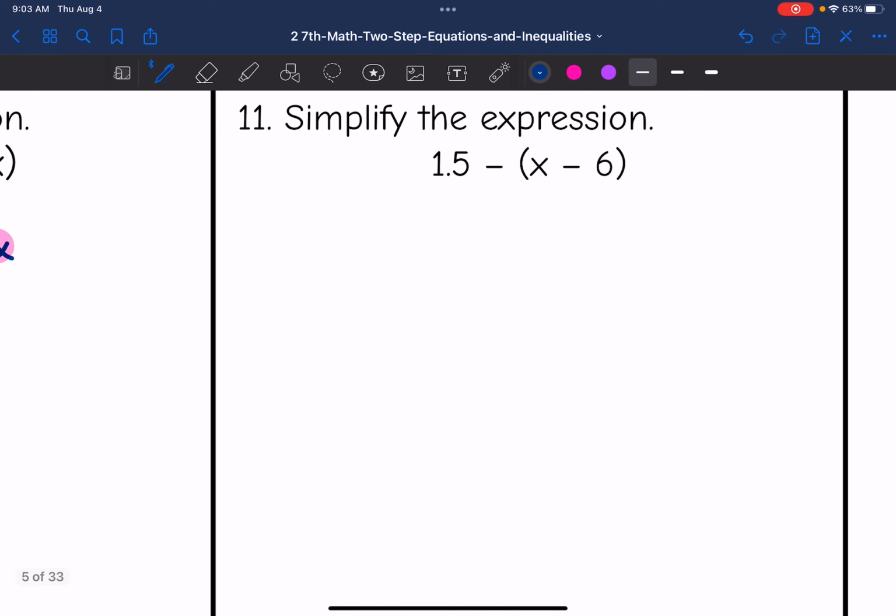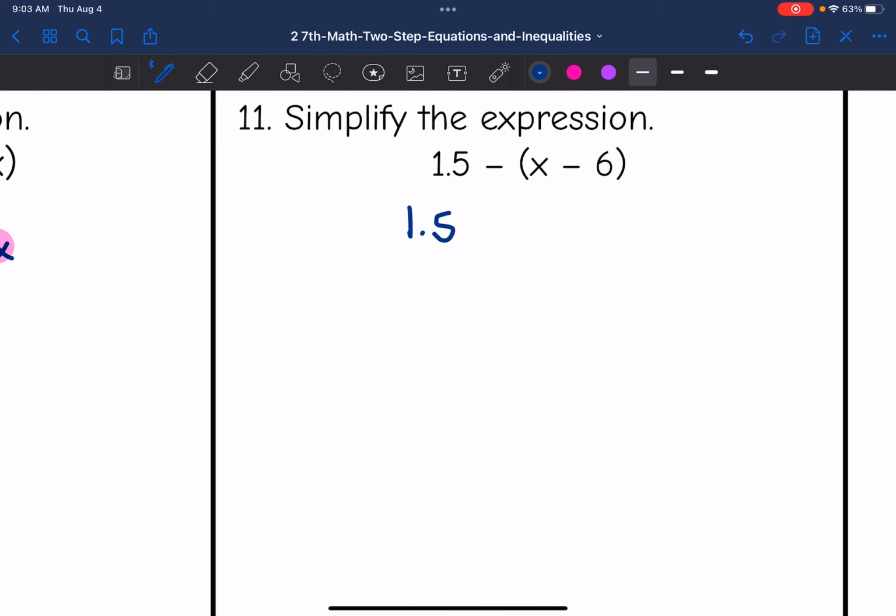Okay, let's look at number 11. So this 1.5, I know it's the only number that we see in front of the parentheses, but since the parentheses are separated from the 1.5 by this minus sign, I do not distribute the 1.5. I just bring the 1.5 down. That is not a part of the distributing.